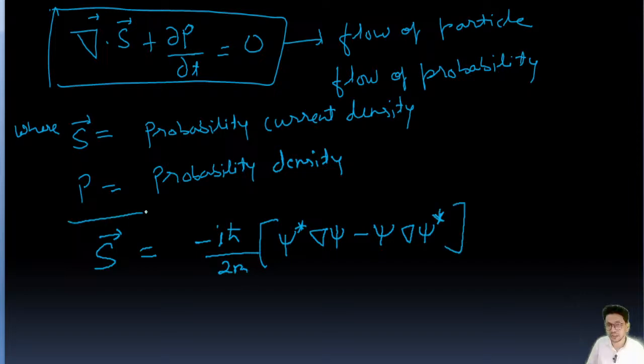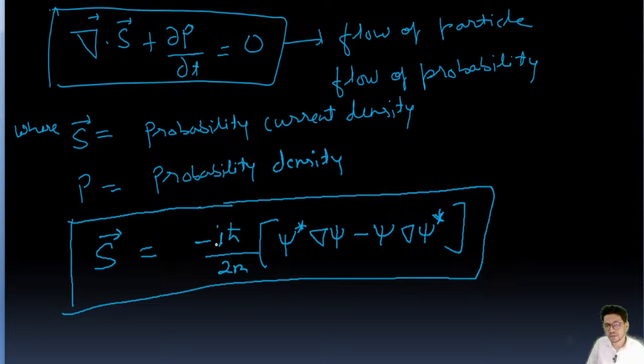This is the probability current density. I will solve a question where you will use this formula, and that question was asked in NET. So this is the formula for probability current density, a very important formula.